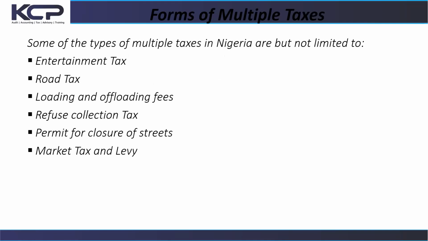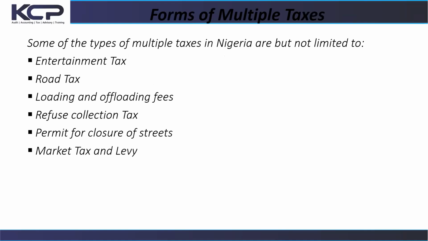So these are some of the examples of taxes you actually pay again to the local government: entertainment tax, road tax, loading and offloading fee, refuse collection tax, permits for closure of streets, market tax, and levy.